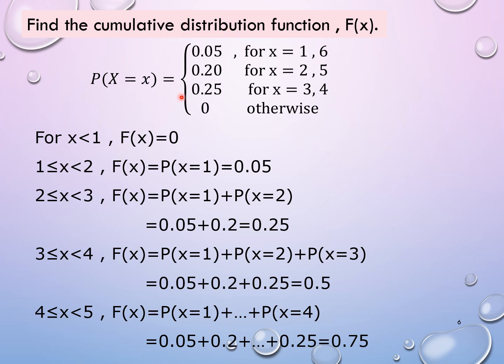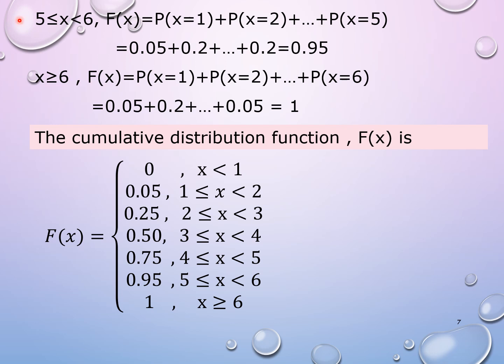So you sum up all the probabilities listed over here and you get 0.75. Next, x greater than or equal to 5, less than 6. The same procedure: you sum up all the probabilities starting from 1 until 5, then you get 0.95.